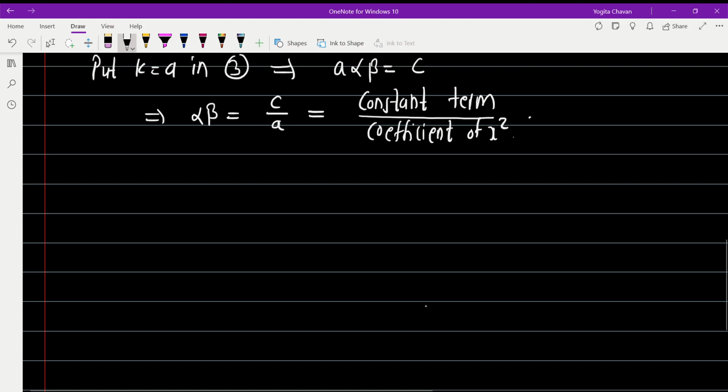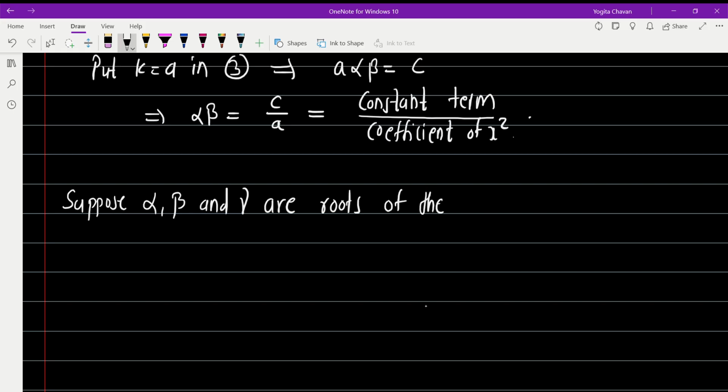Now discuss the case of cubic polynomial. So suppose alpha, beta and gamma are roots of the cubic polynomial ax cube plus bx square plus cx plus d.